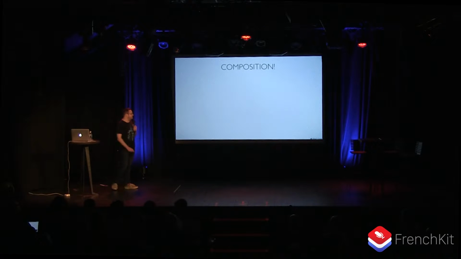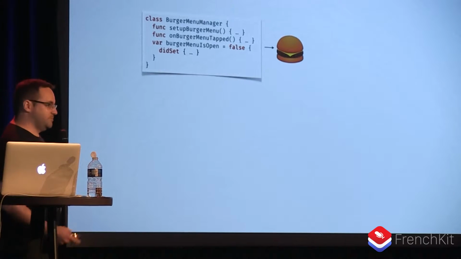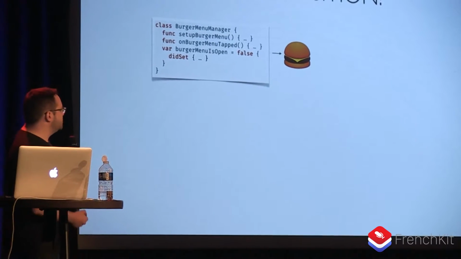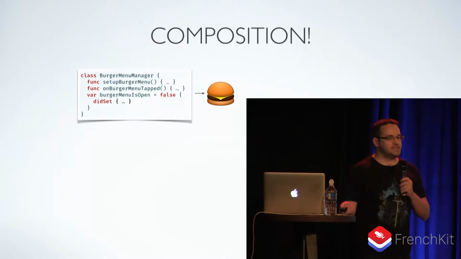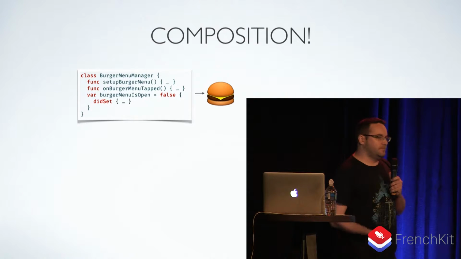And of course, there is composition to the rescue. You probably heard about composition over inheritance. The idea of composition is to create a class that will manage your burger menu. Instead of inheriting from that class, you will compose with it.